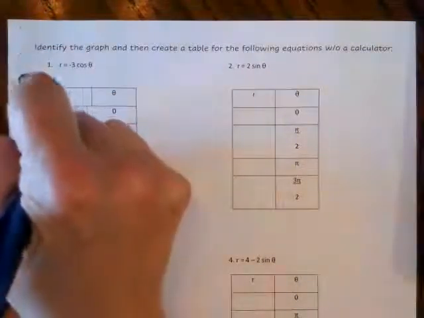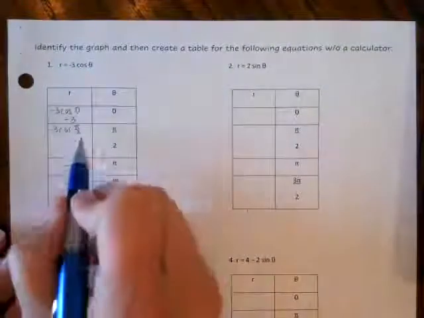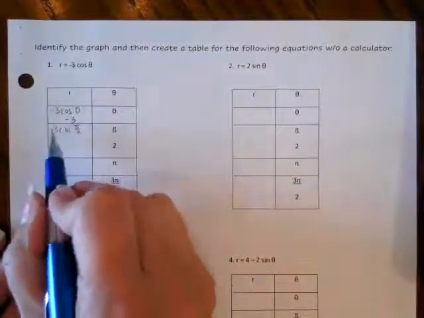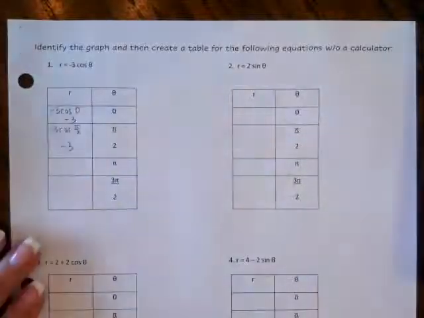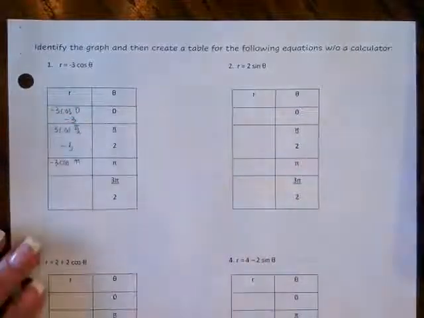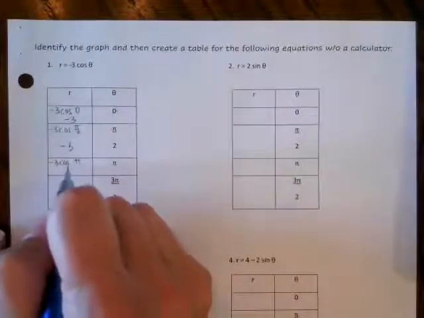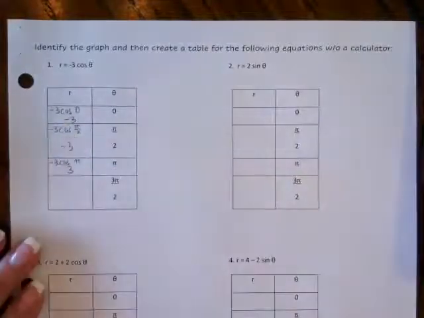And so then I would do -3 cosine of pi over 2. At pi over 2, our cosine value is 0, times -3 is 0. Then -3 cosine of pi. And so cosine of pi is -1 times -3 is +3.